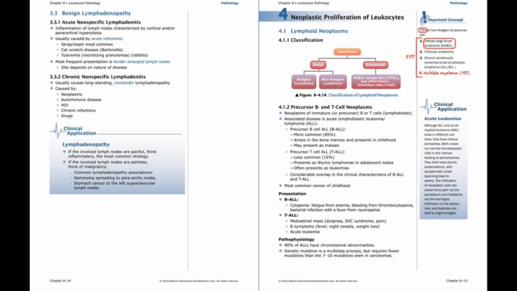moving on. When we divide our lymphoid neoplasms then, remember that we're talking about the pre-B and T cell neoplasms and the peripheral neoplasms. That divides us between our acute leukemias and all of our lymphomas. The lymphoid neoplasms in immature cells are our precursor T and B cell neoplasms.